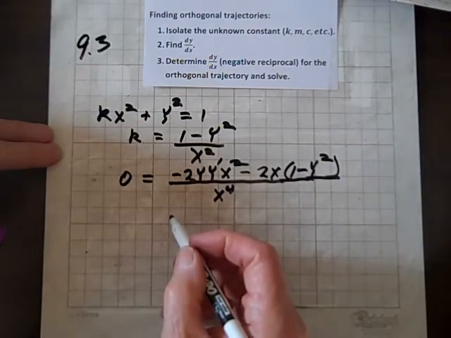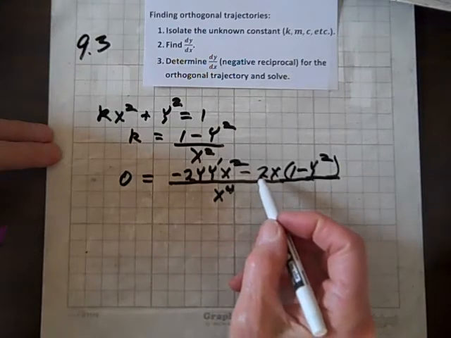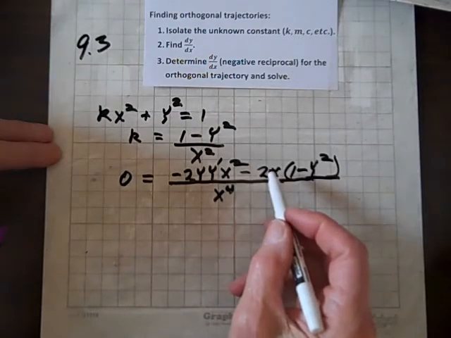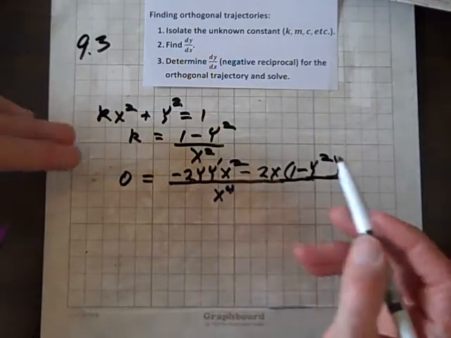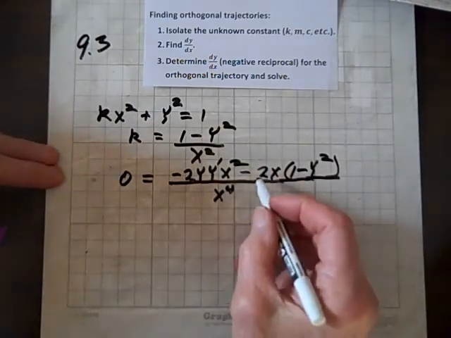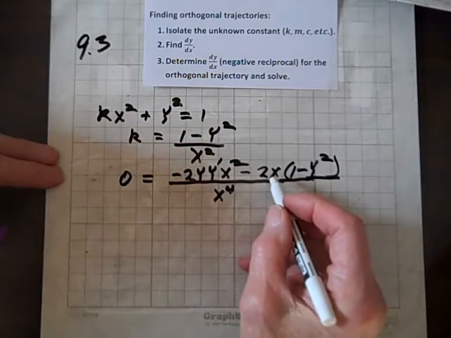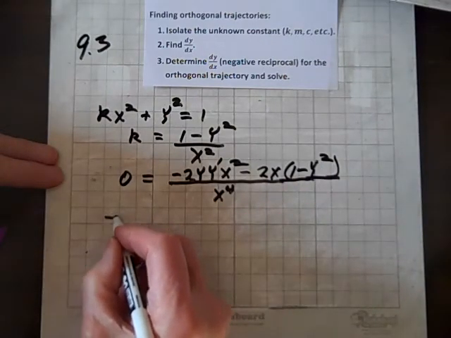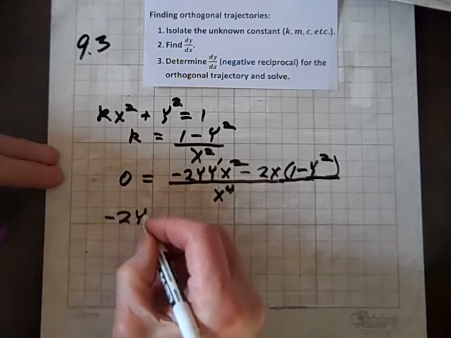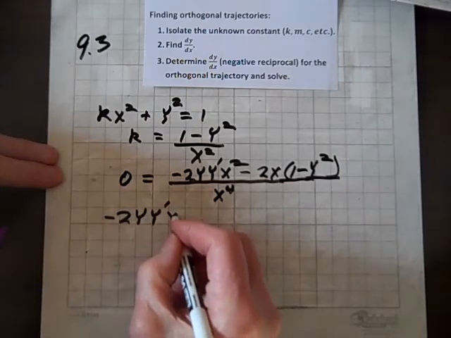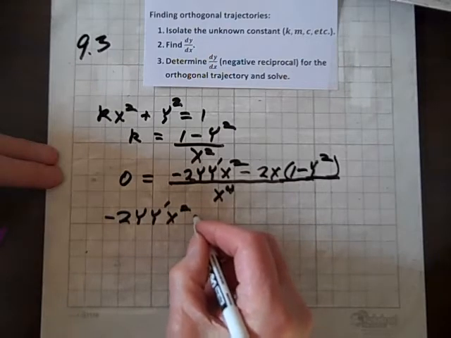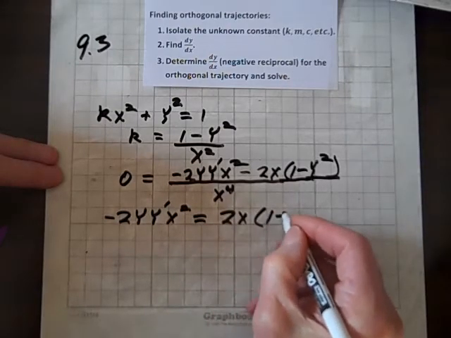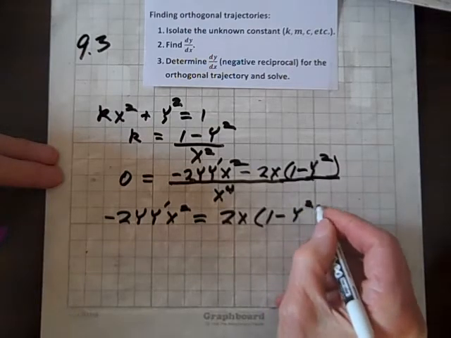Okay, now setting this equal to 0, all we need to do is set the numerator equal to 0, and then we'll add 2x times 1 minus y squared to both sides. So ultimately we have this minus 2y, y prime x squared equals 2x times 1 minus y squared.